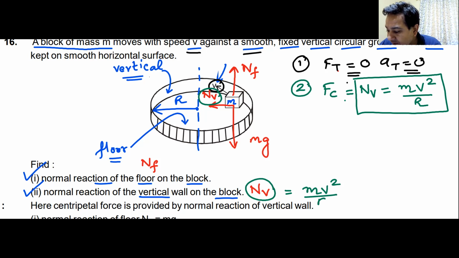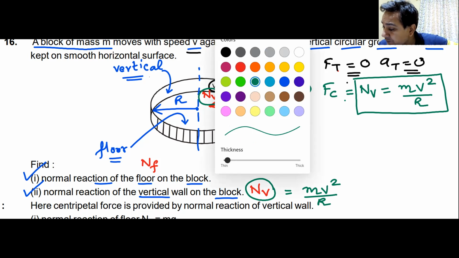The answer is mv squared by r. We got it from the second equation, which is the centripetal equation in the radial or centripetal direction, towards the center. That leaves us with one more thing to do.